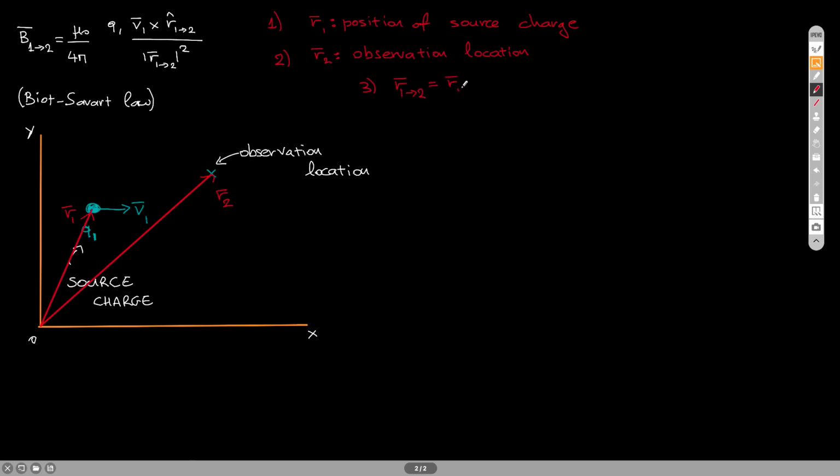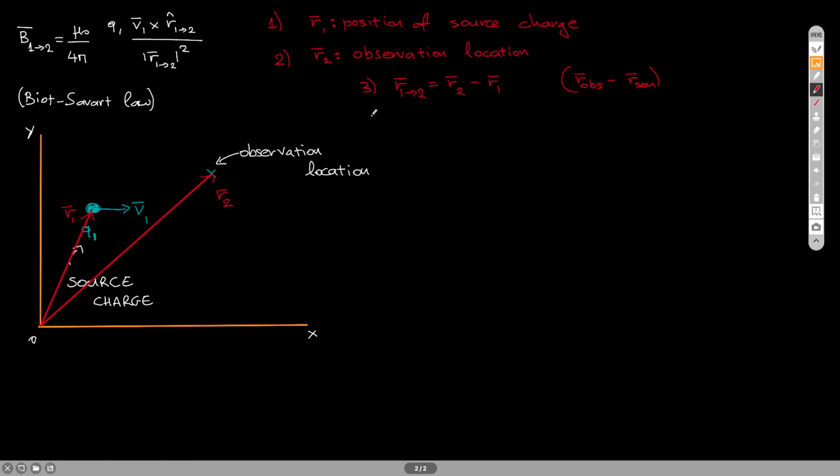And you will find that by doing R2 minus R1. Or if it is easier to remember, you will do r obs minus r source. Whatever way works for you.